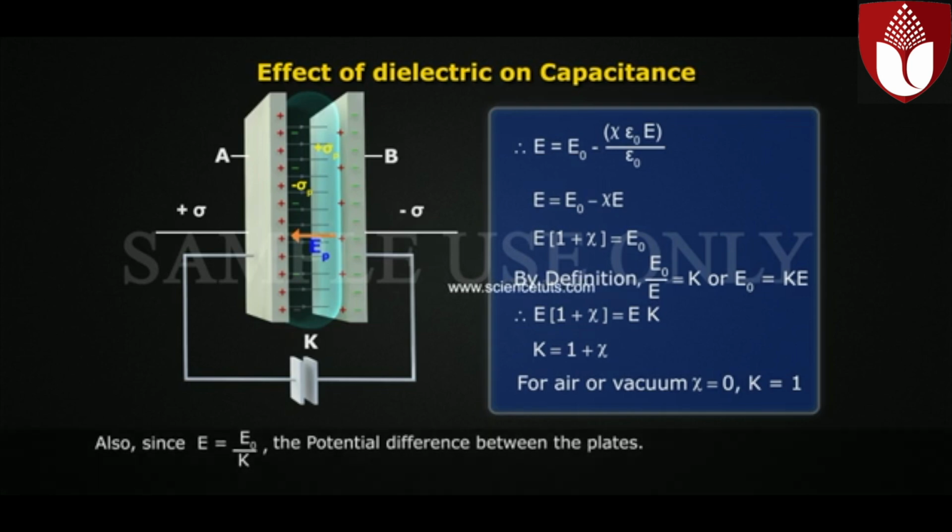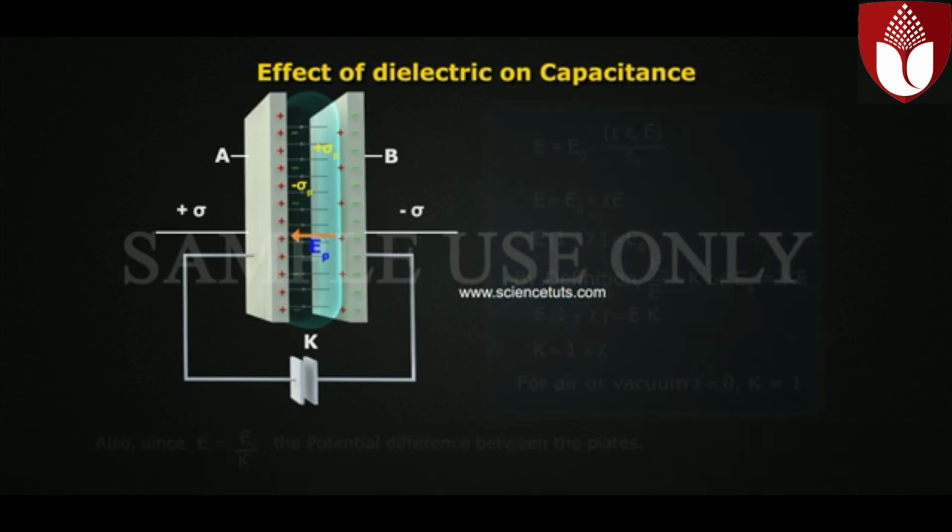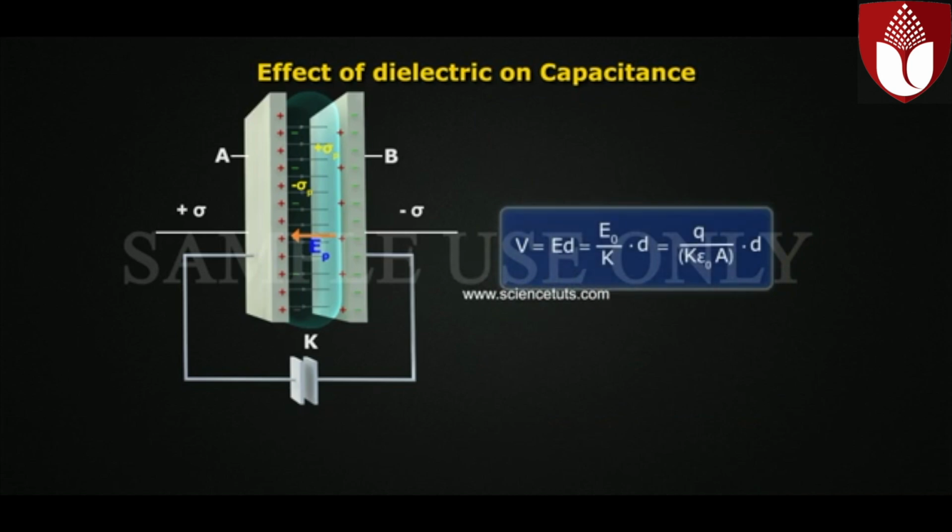Also, since E equals E naught by K, the potential difference between the plates, V equals E d, equals E naught by K times d, equals Q by K epsilon naught A times d.